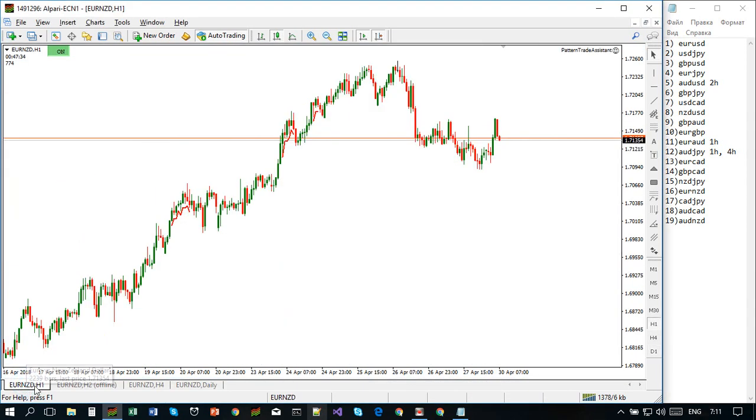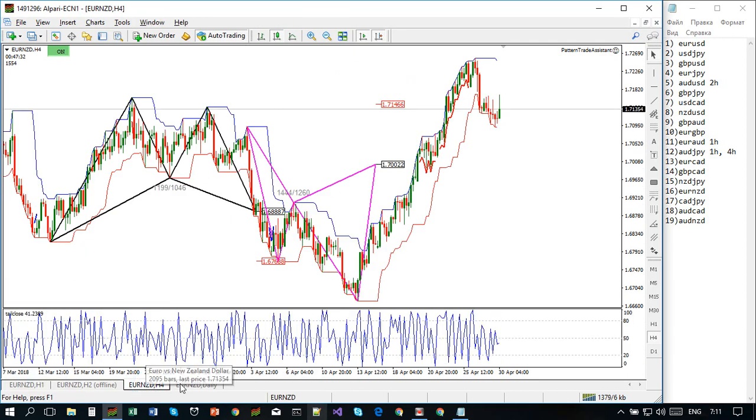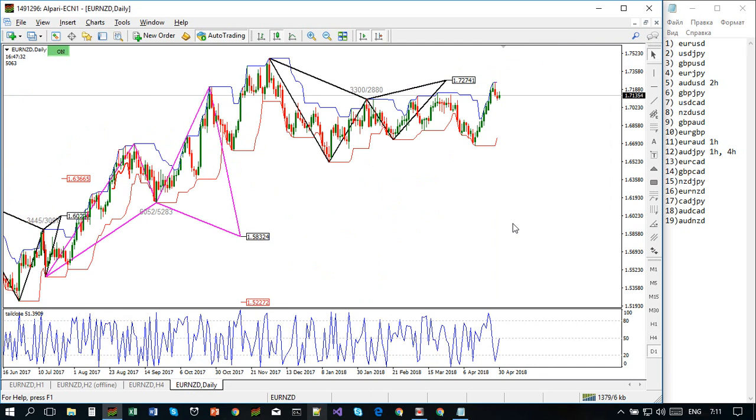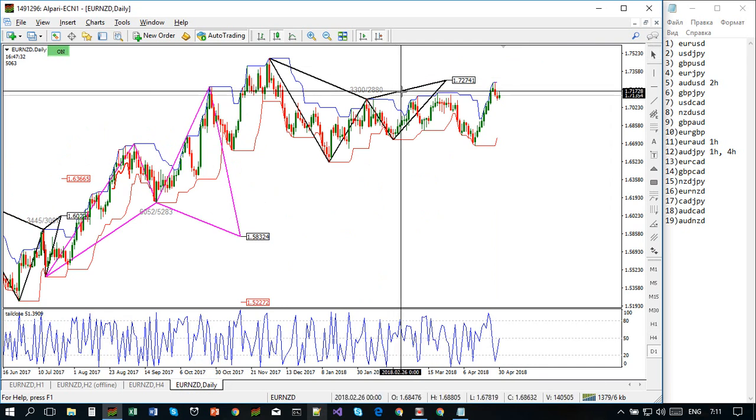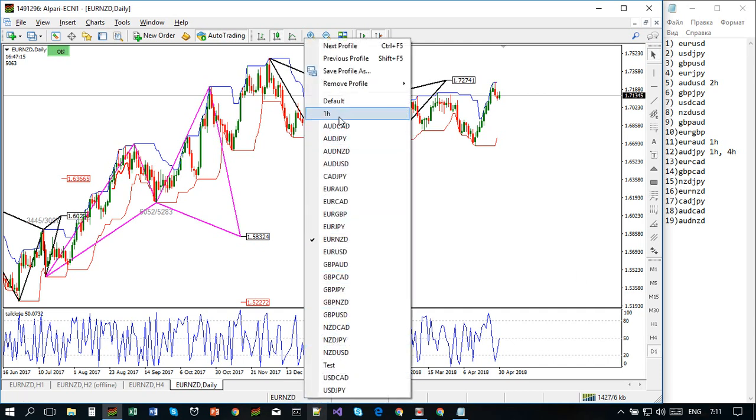Okay, 1 hour, 2 hour, 4 hour, and daily. Okay, let me see if this daily was invalidated. No, it's still in play. It is Euro New Zealand, yes. Canada yen, CAD JPY.